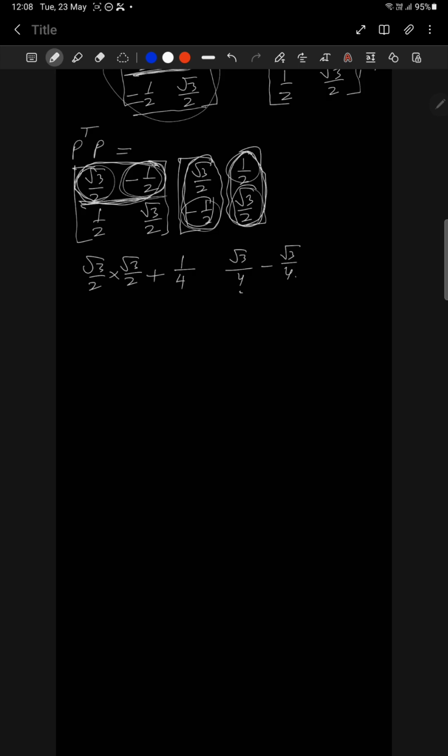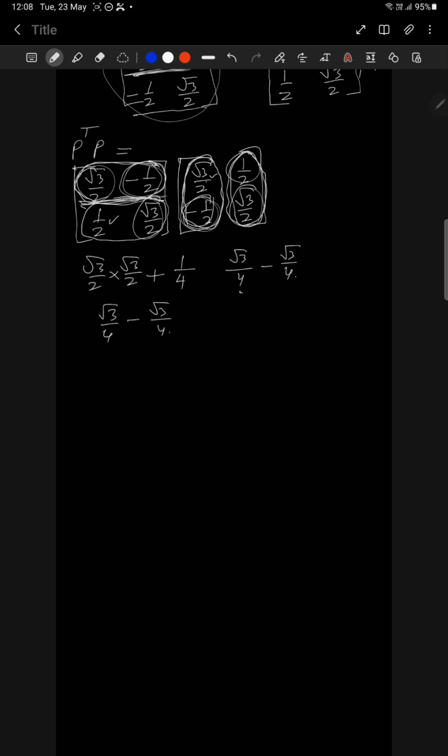Now we have to get the second row elements. For that, see carefully what I am doing. We have to multiply this row to this column. That can be written as 1 by 2 multiplied by root 3 by 2, which will give you root 3 by 4. Then root 3 by 2 into minus 1 by 2 will give you minus root 3 by 4.